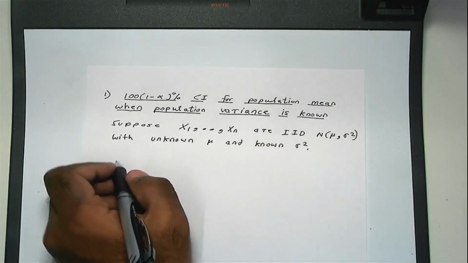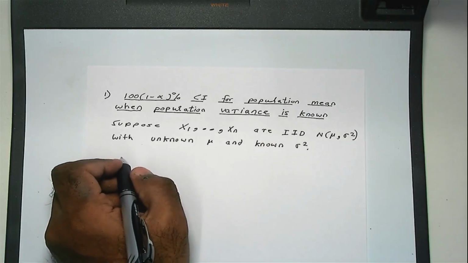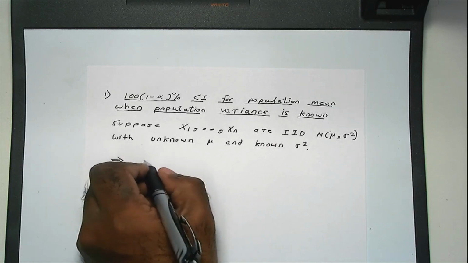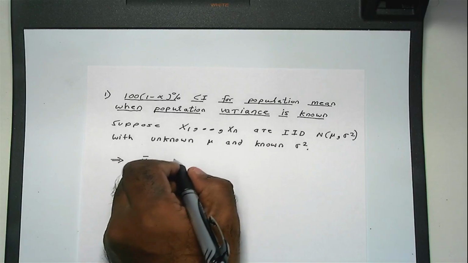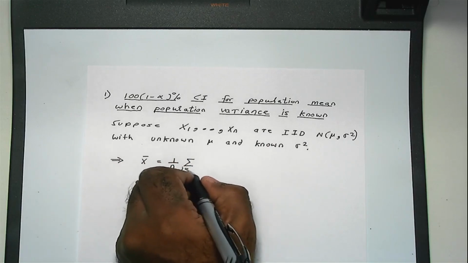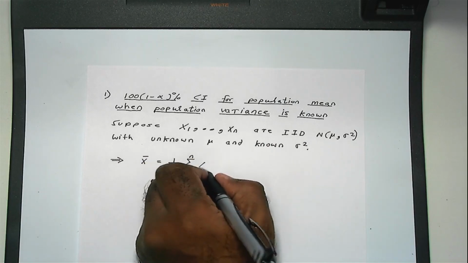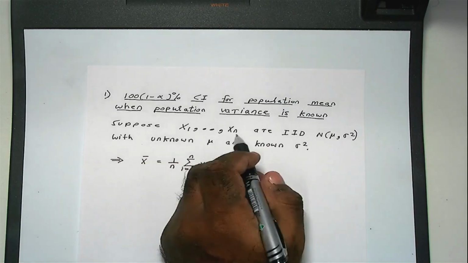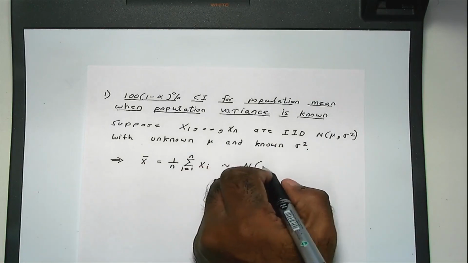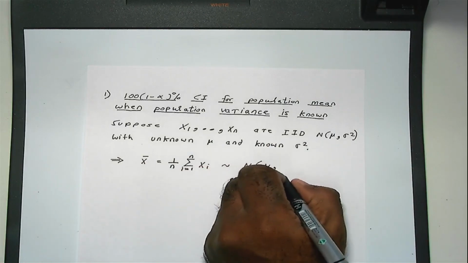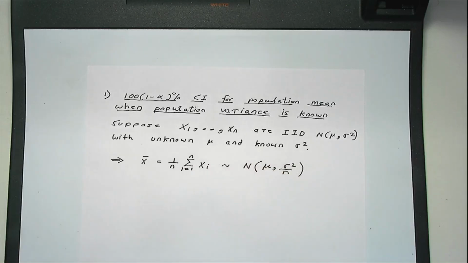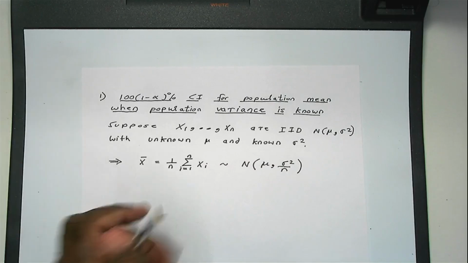Now you may recall from the video that we did on normal distribution, one of the properties I gave you in that video is the following, that if you have a random sample from this, then the sample mean also has a normal distribution with these parameters.